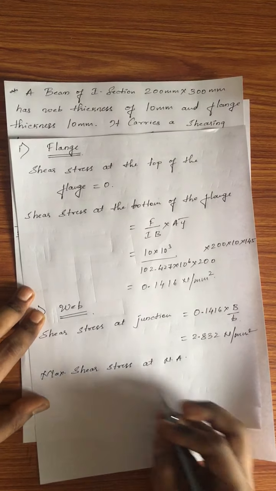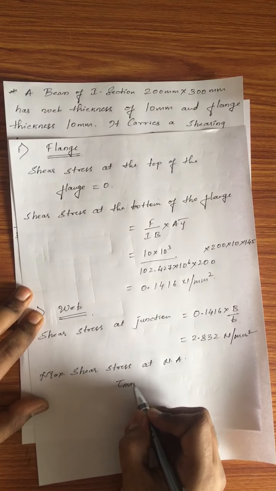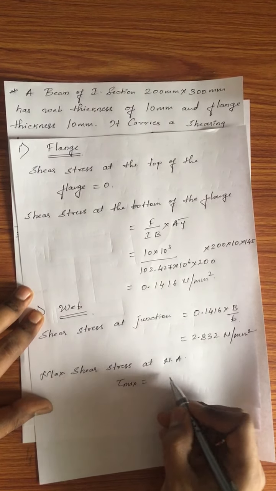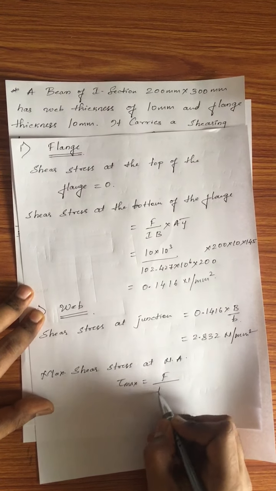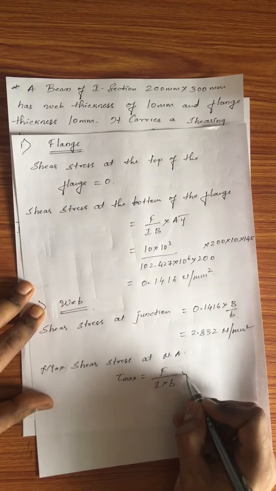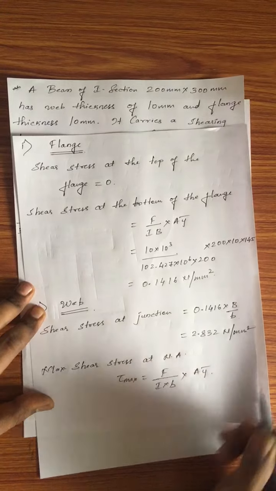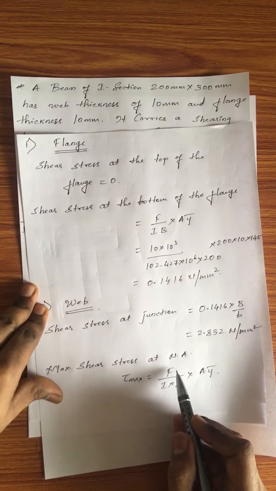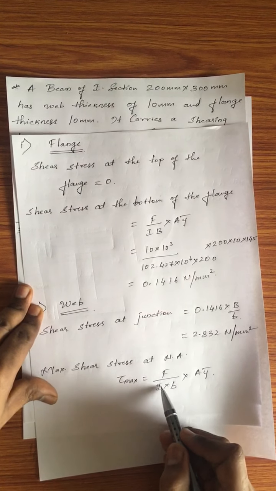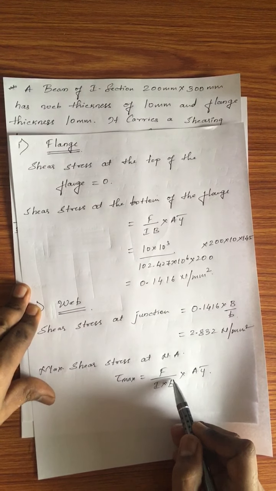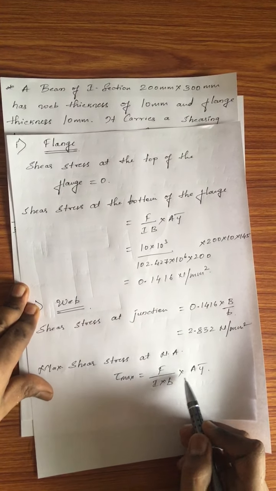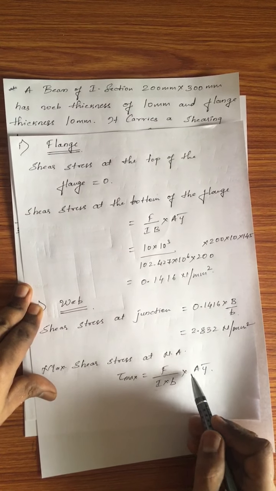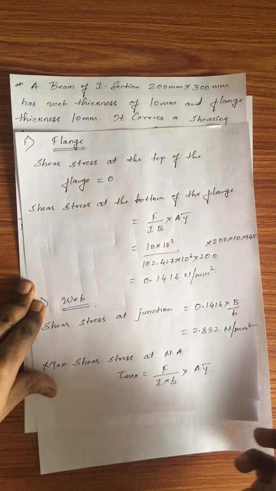I'll write this down as tau max, and the formula is F divided by I into small b into A y bar. Now here again F is the force, shear force which is exerted, that is 10 kilonewton. I is the moment of inertia, b is the width of the web, and here this A y bar whole term is different compared to earlier.